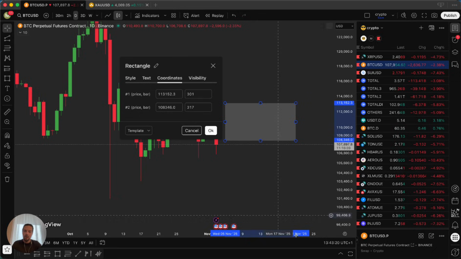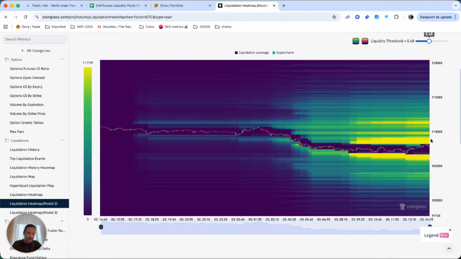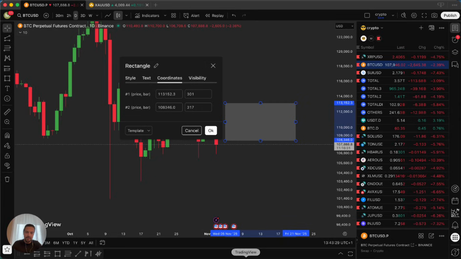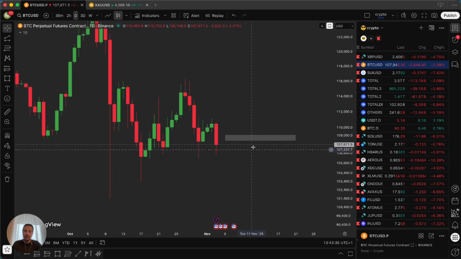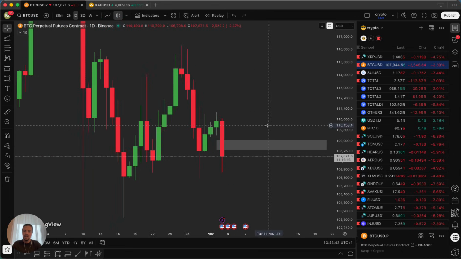And the upper one, you want to be looking at the top of the range, pretty much, which is 109,115. Click OK, and now you have this area marked on the chart. You can extend it a little bit, just like that, on a daily chart.